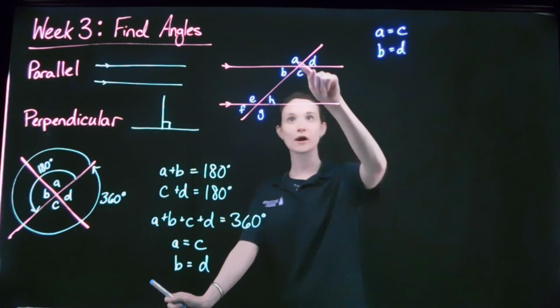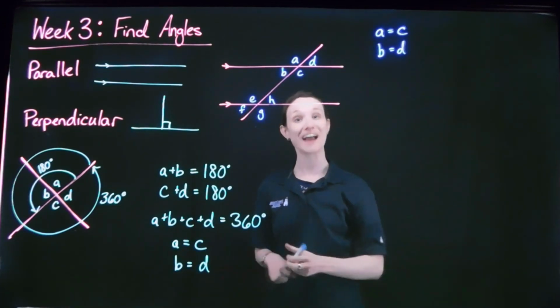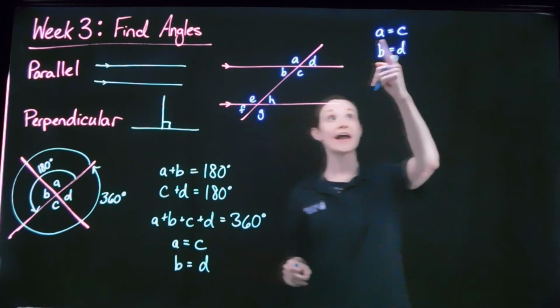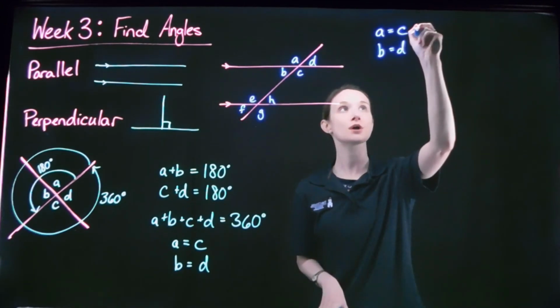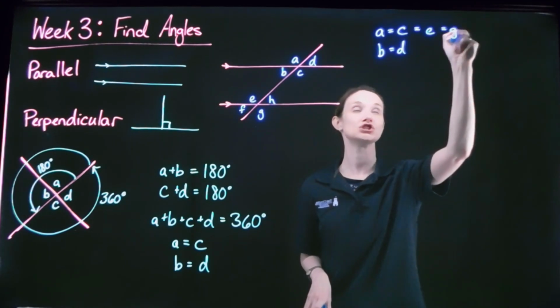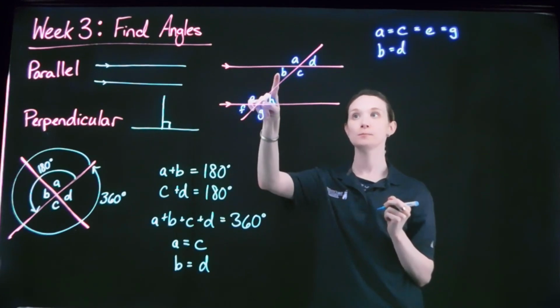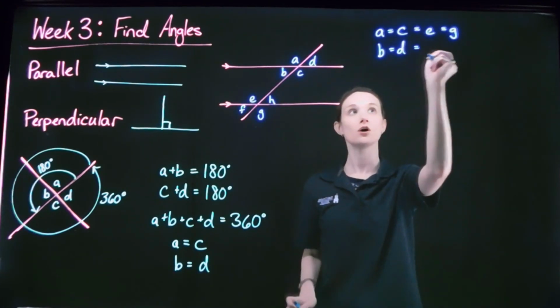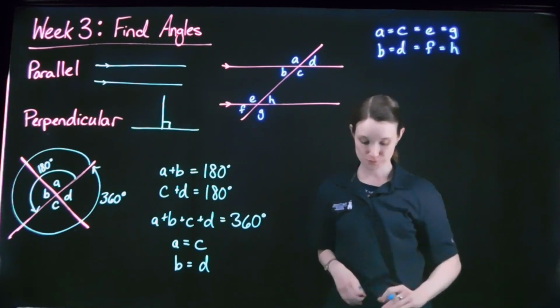So that means where E is would perfectly align with where A is. So A not only equals C, it also equals E and G. So the same thing with this diagonal. B and D also equal F and H.